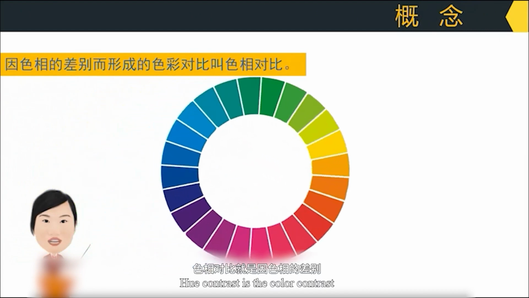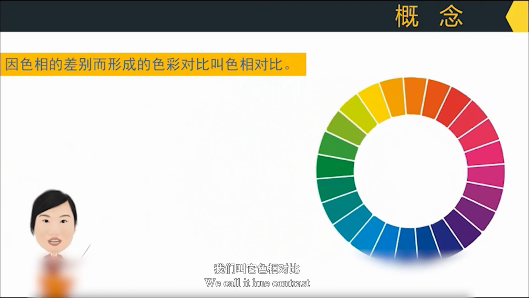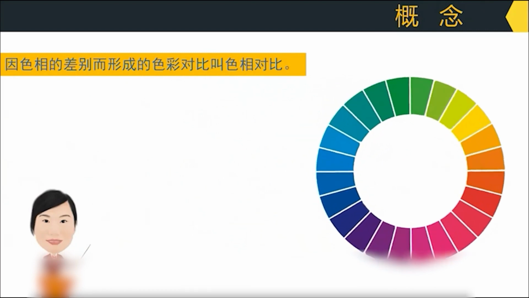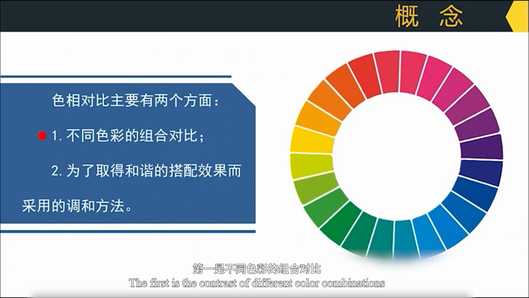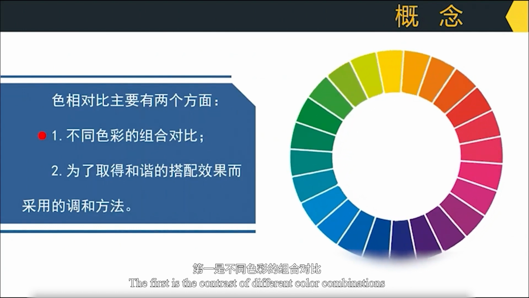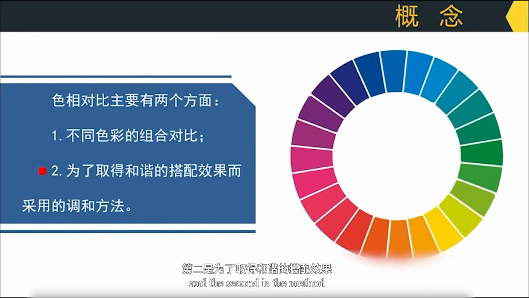Hue contrast is the color contrast formed by the difference in hue. We call it hue contrast. There are 2 main aspects of hue contrast. The first is the contrast of different color combinations, and the second is the method of color harmony.